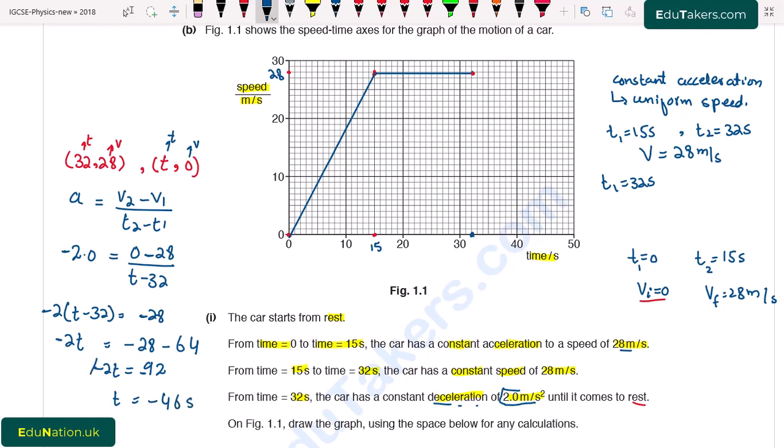It is positive because this cancels by this. So time comes to be 46 seconds. So first of all I find 46 seconds. It is at this point.